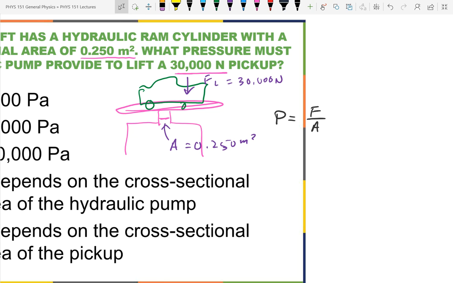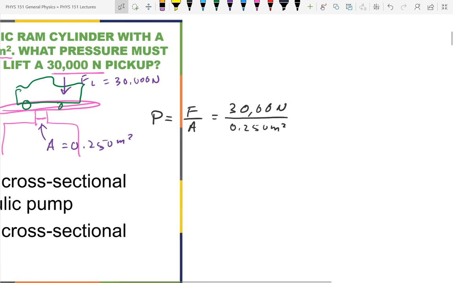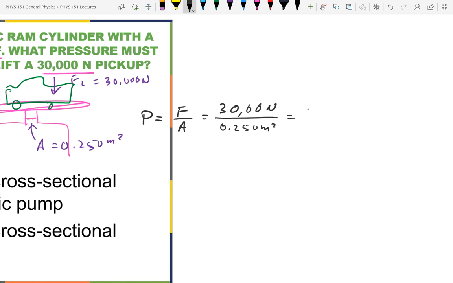And so the force that was being held up was 30,000 newtons, and the area was 0.250 meters squared. And of course, we probably are all astute enough to know that 0.25 is 1/4. So if you divide by 1/4, it's the same as multiplying by 4. 3 times 4 is 12.